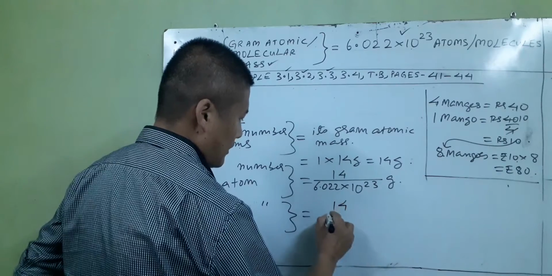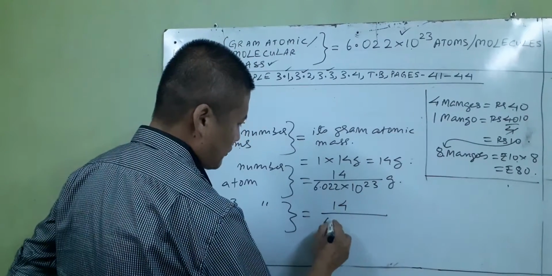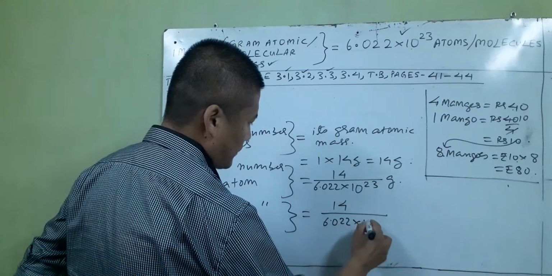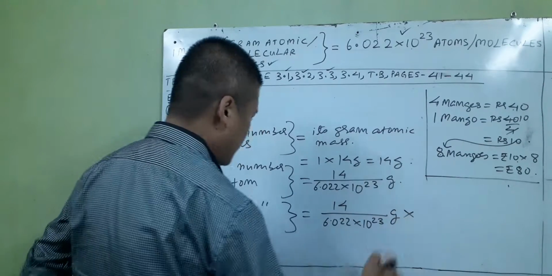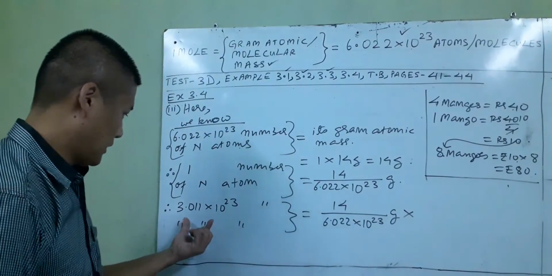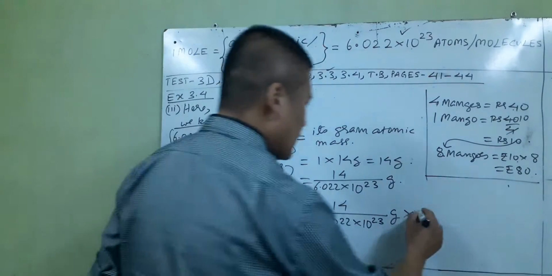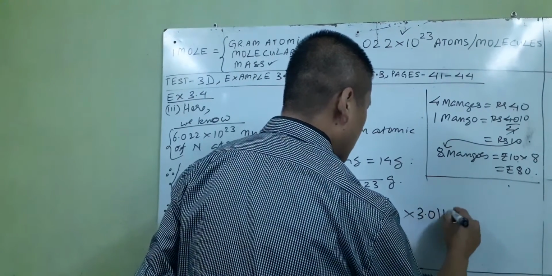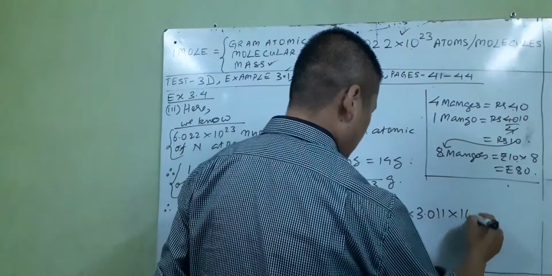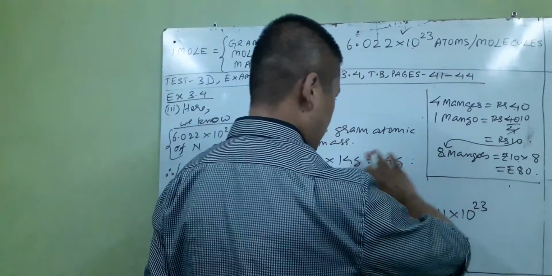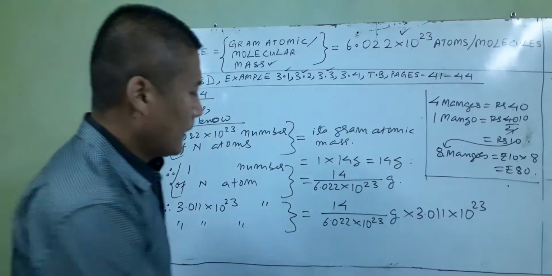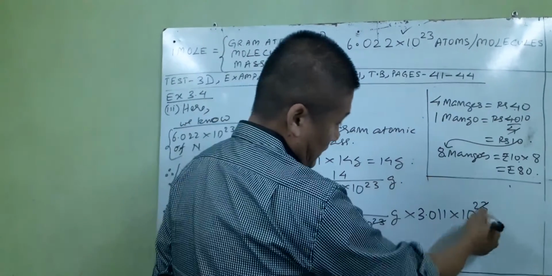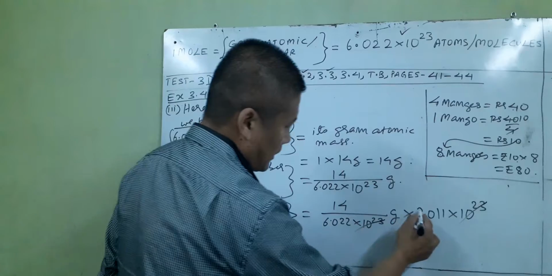Right here up, previous step, 6.022 into 10 to the power 23, same right side is gram, multiplied to this one here, 3.011 into 10 to the power 23, and this right unit is gram, so we should not bring this atom on the right side. Now this 10 to the power 23 and this 10 to the power 23 cancel.